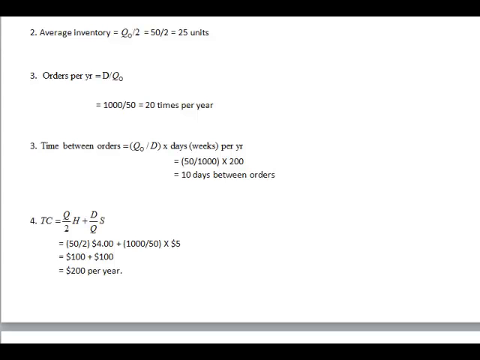As we've said in the case study, at the economic order quantity, and only at the economic order quantity, these two numbers should be equal to each other, or very close to equal, within pennies of each other. And in this case, you can see they are exactly equal. So the total cost for storage and ordering this item is $200 per year.